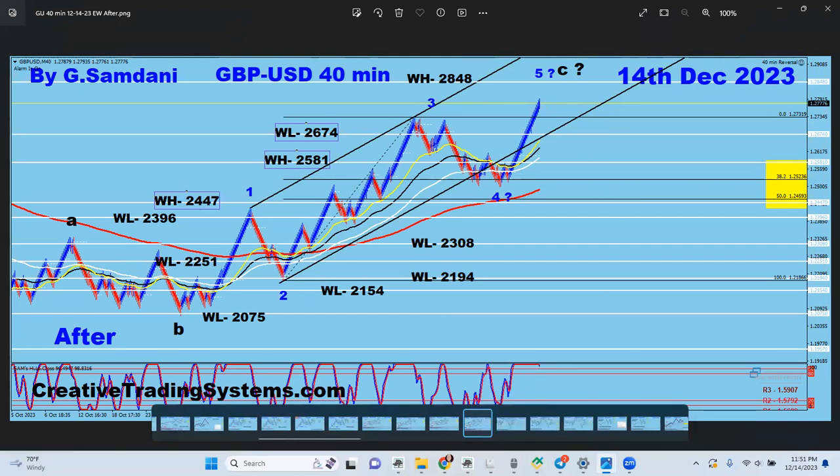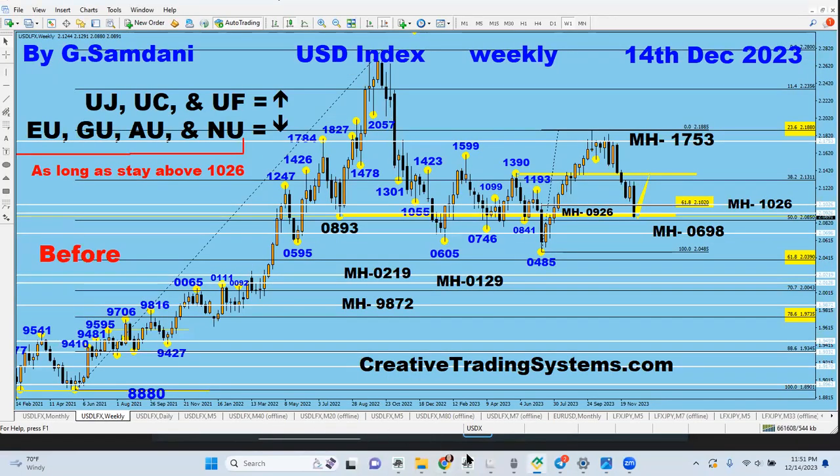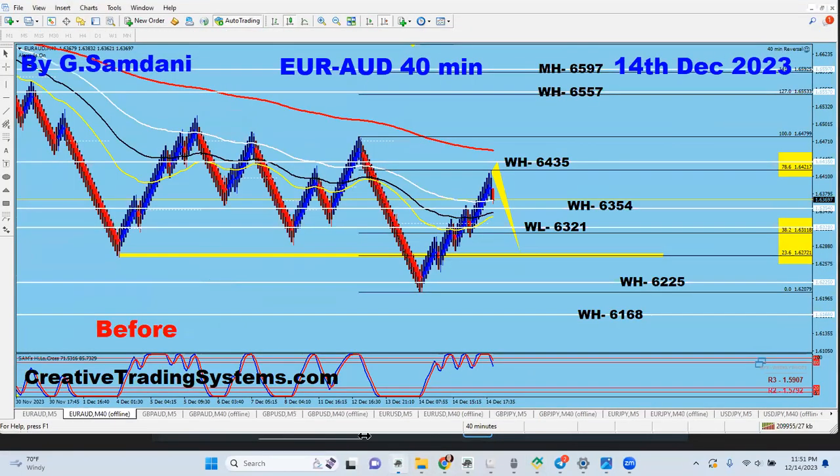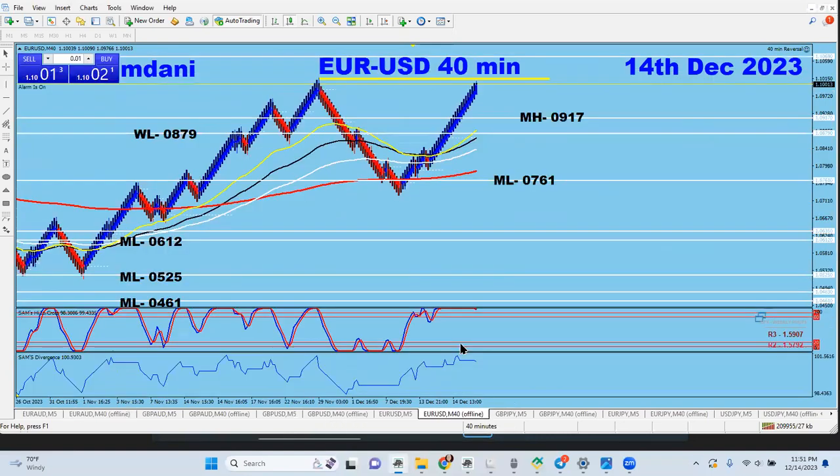And then similarly, EUR-AUD. If you look at the EUR-AUD chart, where the heck is EUR-AUD? EUR-AUD 40-minute, let me show you here. So it was here also yesterday, right? And I said this thing is going to go up as well. And it did. So it went all the way here and is making a double top right now, right?